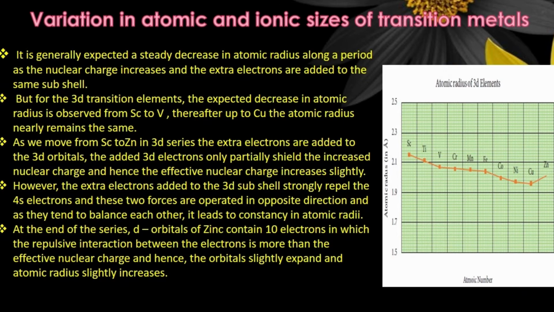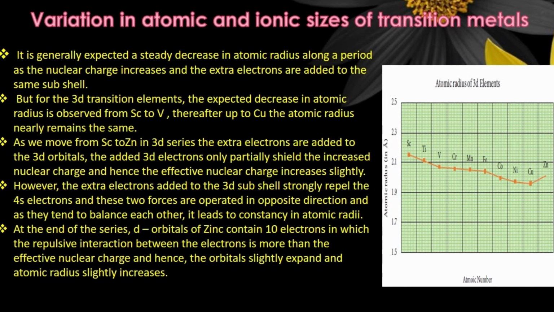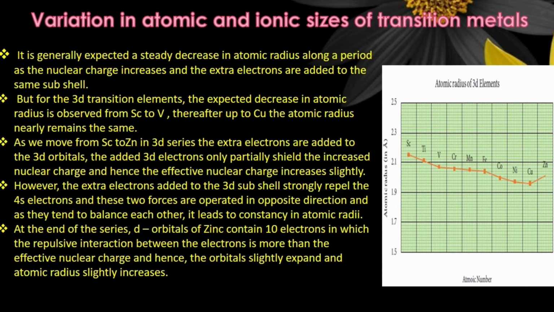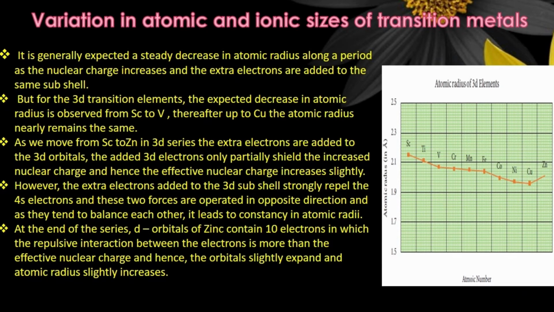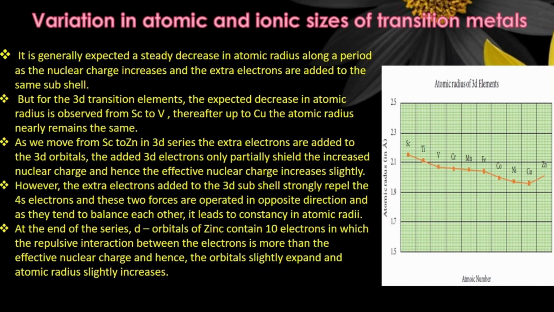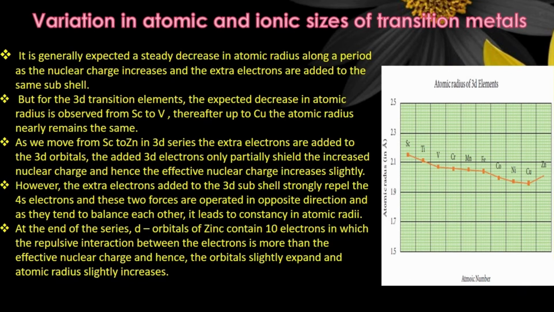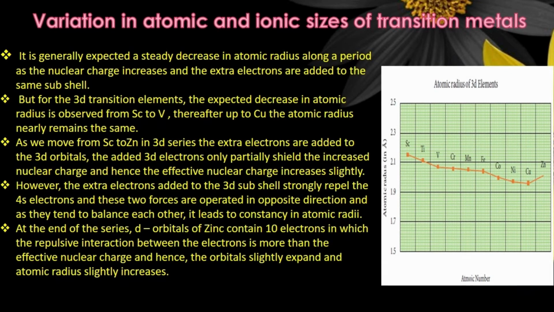The second force is the inter-electron repulsion. That is the repulsion between the 3D electrons and 4s electrons. This inter-electron repulsion will try to expand the size of an atom.